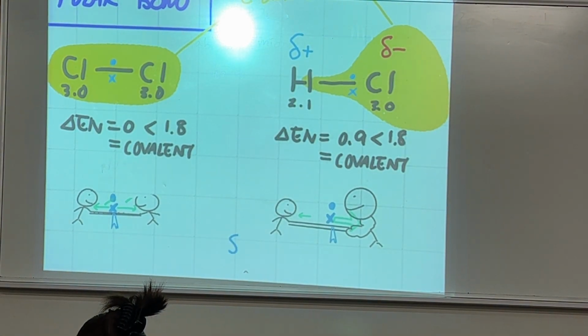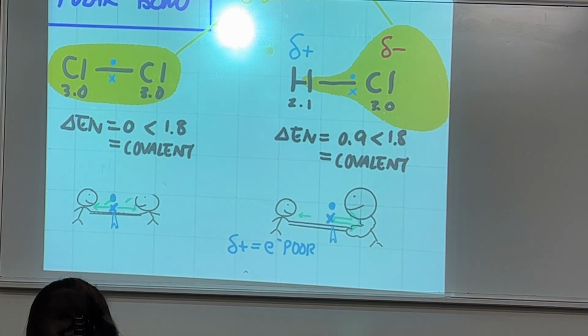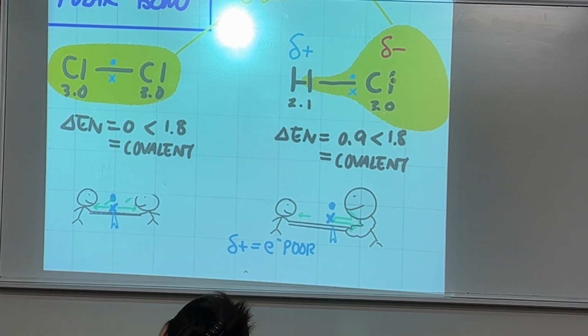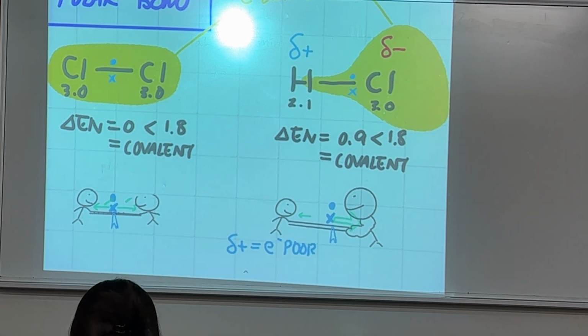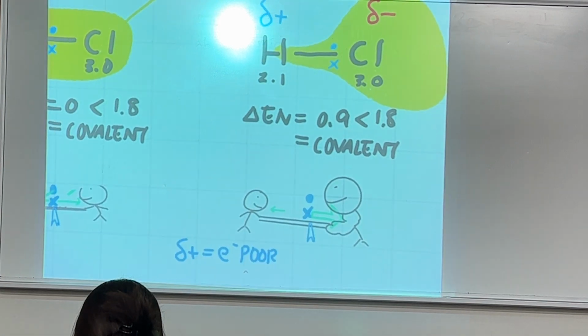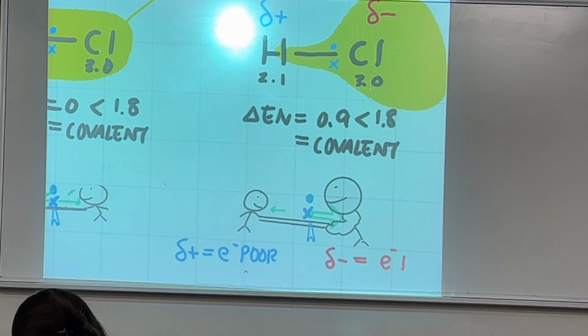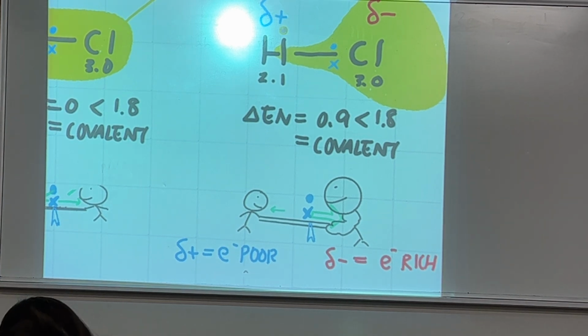Delta positive means electron poor. I like to think of this as like a bankrupt person. He's bankrupt because his money got taken by somebody else, by Cl. And Cl is a rich guy because he is made rich by stealing electron from H. So we have delta negative meaning electron rich, and delta positive meaning electron poor.